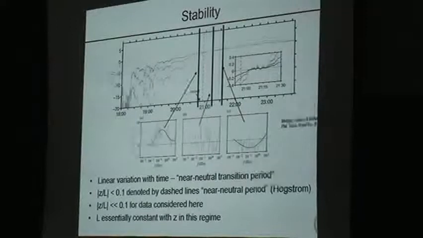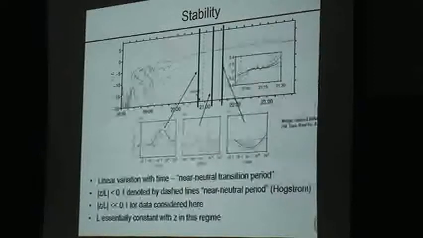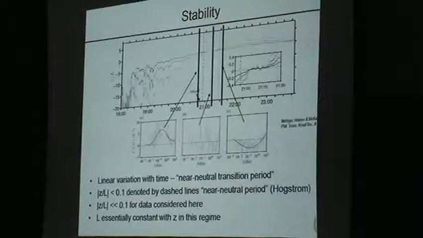So this direction is increasing height from the wall. And you see what I was showing you before, that there's a small region in which Z over L is essentially 0. So L goes to infinity, L is very large, so everything that we're measuring is shear driven.